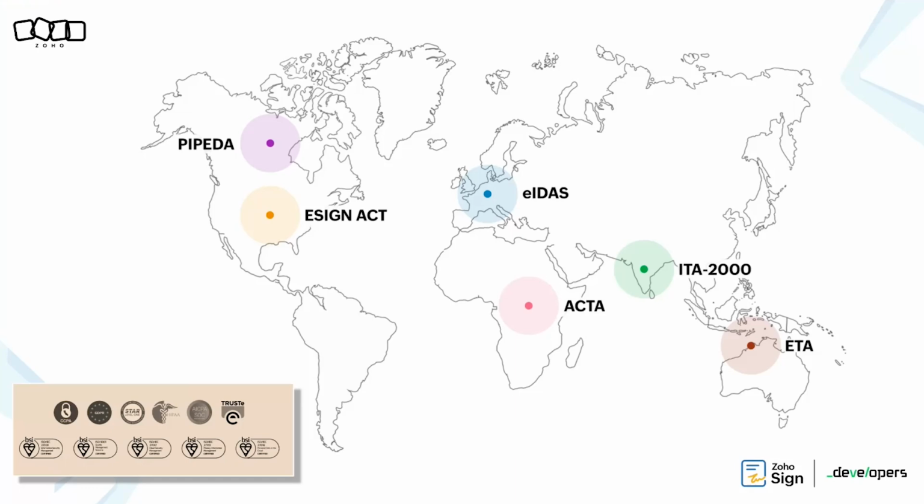As you can see here, Zoho Sign is compliant under PIPEDA for Canada, the ESIGN Act for the United States, eIDAS for the European Union, ECTA for the African continent, the Information Technology Act 2000 for India, and the Electronic Transactions Act for the Southeast Asian countries. Not just that, we also comply with HIPAA, FDA 21 CFR Part 11, and EU Annex 11 GMP. So if you're from the life sciences industry and want to get documents signed, yes, we are compliant under those regulations as well.